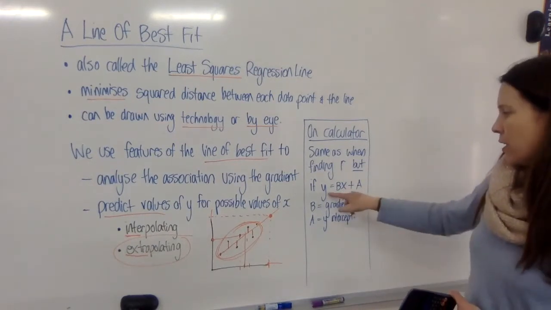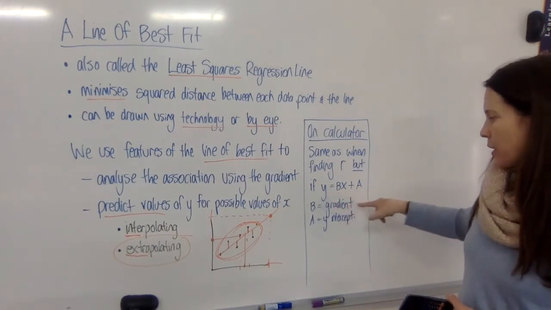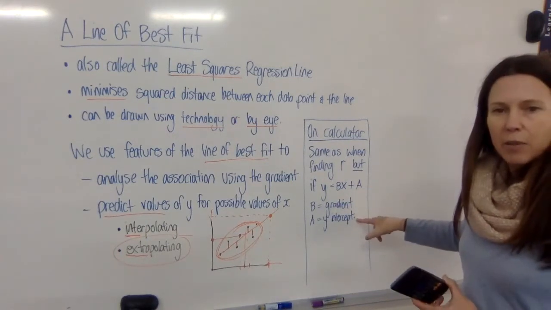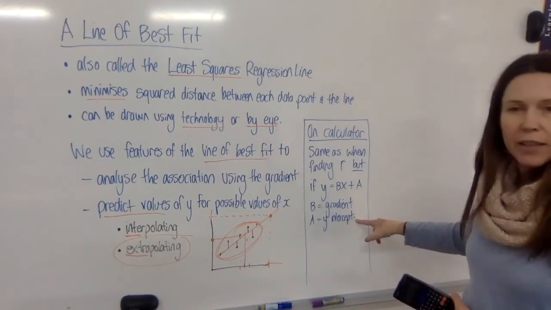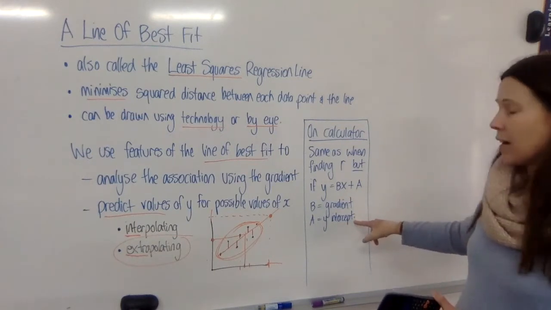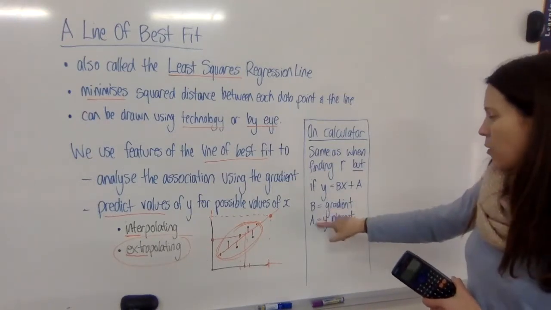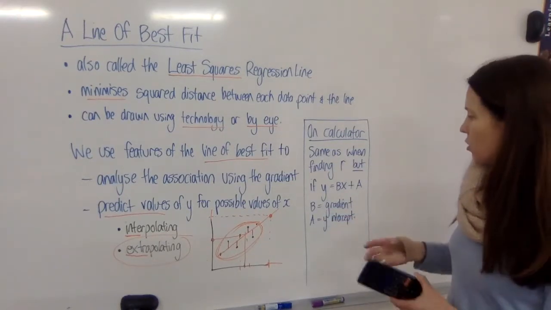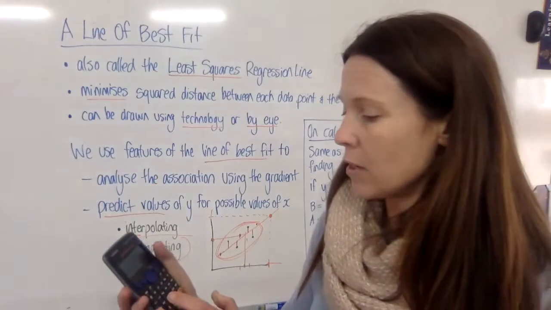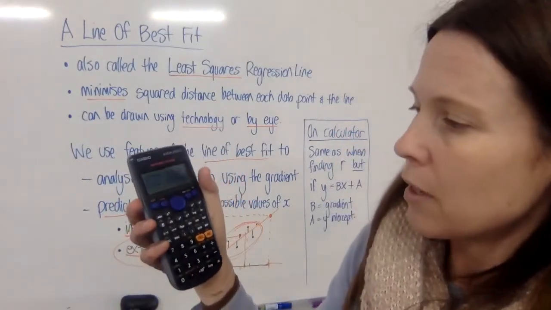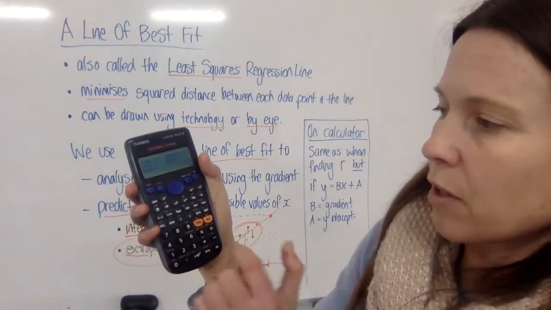Now, if you have a line in this form, b will be the gradient and a will be the y-intercept. So all we really need to do to get the equation of that line of best fit that goes with our data points is to find out what b and a are. So to do this, we will go into our Shift 1, that's our stat retrieval mode, select 5 again for regression.